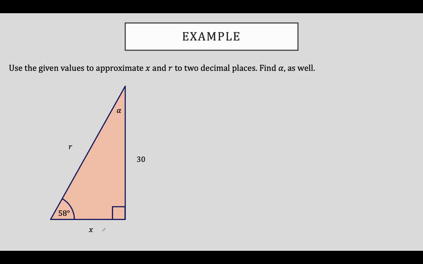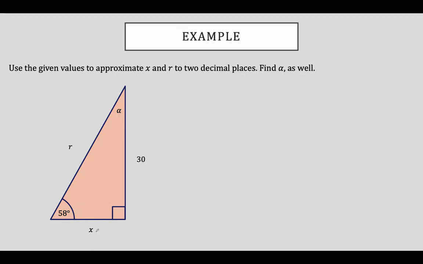We always want to utilize the given information as much as possible. We have this angle as being 58 degrees here, and the side that corresponds to that 58 degrees is the opposite side. So I have 58 degrees, I have an opposite side, and we are trying to find the adjacent side to this 58 degree angle.